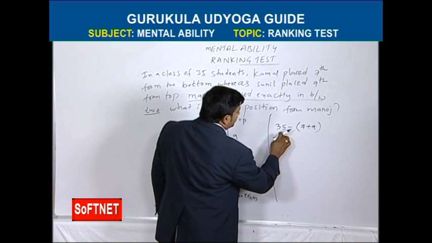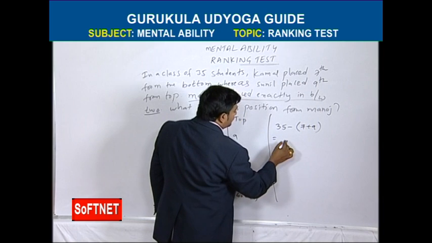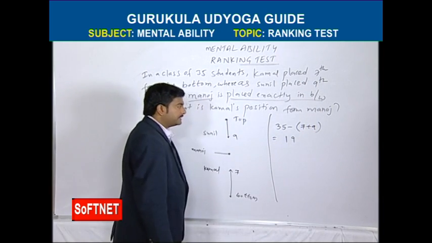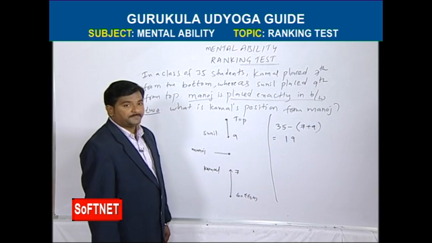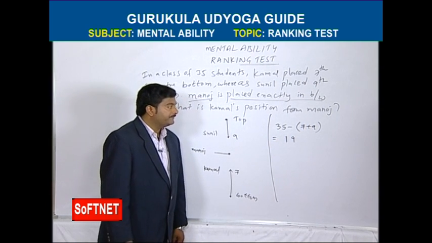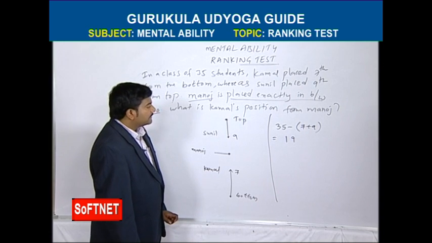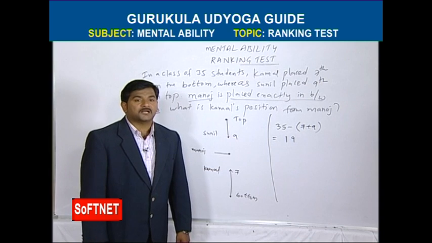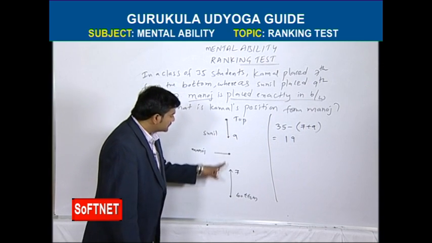So obviously I am getting 19. Is it 19? Yes. 19 plus 16, again I am getting 35. So where are the 19 students? 19 students are located in between Sunil and Kamal.